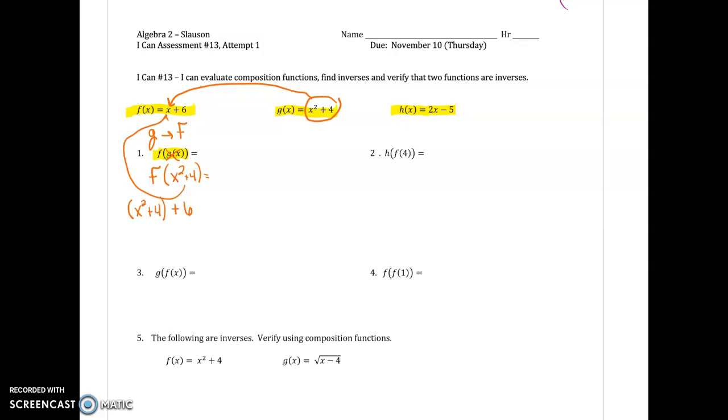And whenever you substitute something in, always put it in parentheses. Sometimes you need the parentheses, sometimes you don't, which in this case, I don't really need the parentheses. So I can drop them and just combine my like terms of 4 and 6 to get 10. So when I'm done, f of g of x is worth x squared plus 10, and this is my final answer for number 1.